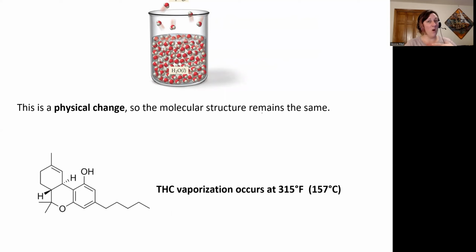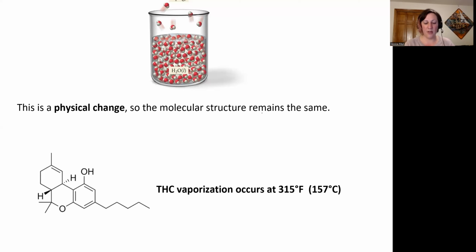Even though water has hydrogen bonding interactions and is really polar, and this molecule is less so, it's very large. And the molecular weight of a molecule can impact the temperature at which it would undergo a phase transition. So THC vaporizes at 315 Fahrenheit or 157 degrees Celsius.